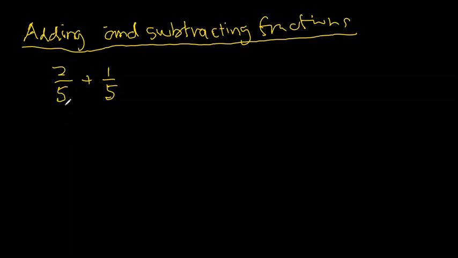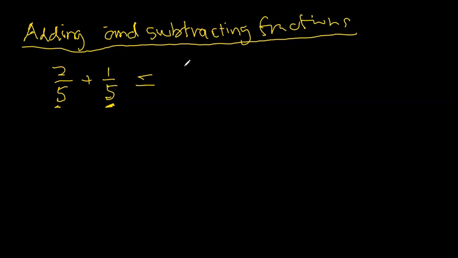The first fraction has a denominator of 5, and the second fraction also has a denominator of 5. When we see them like this, we say the denominators are common or similar or the same, right?